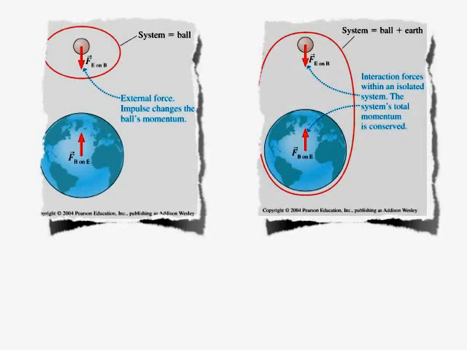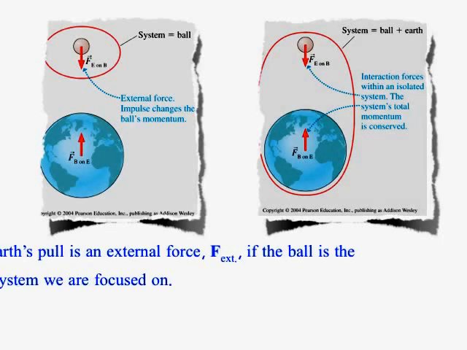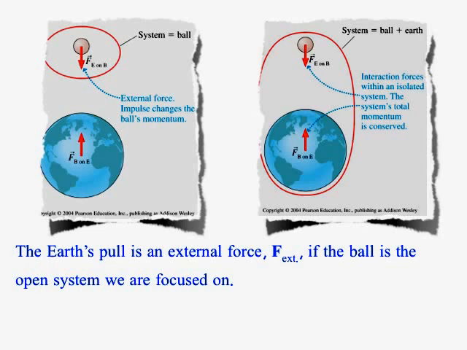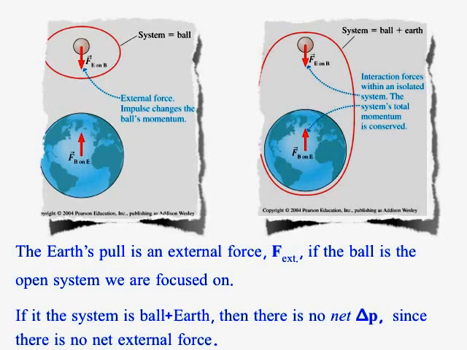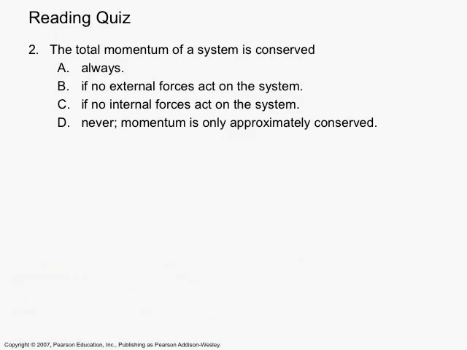The momentum of the ball and the Earth total is conserved. So if my system is ball plus the Earth, then in that system of two interacting objects, momentum is conserved. Answer this question about what type of system you pick and when is momentum conserved on blackboard.